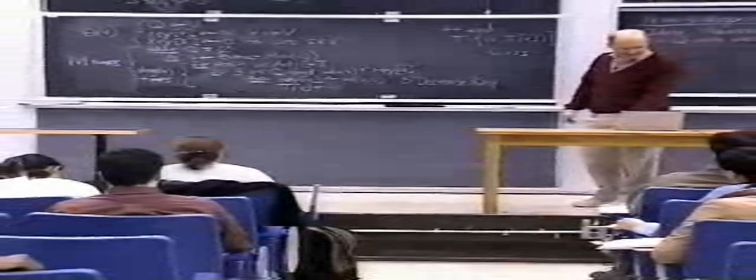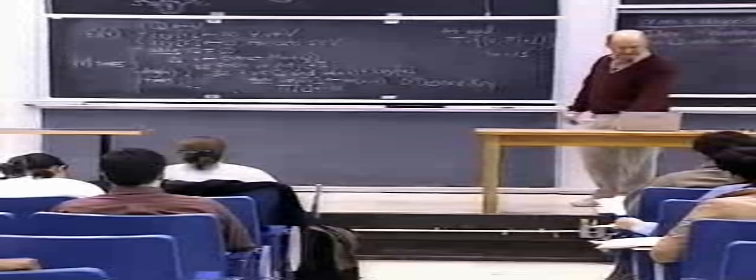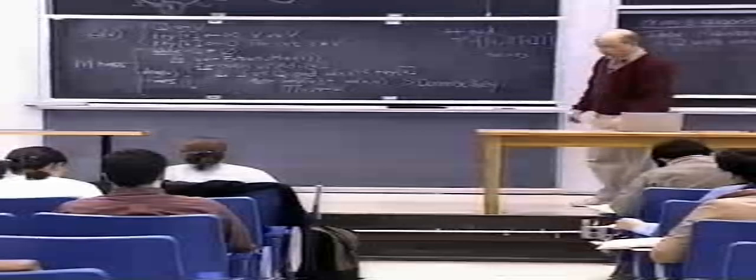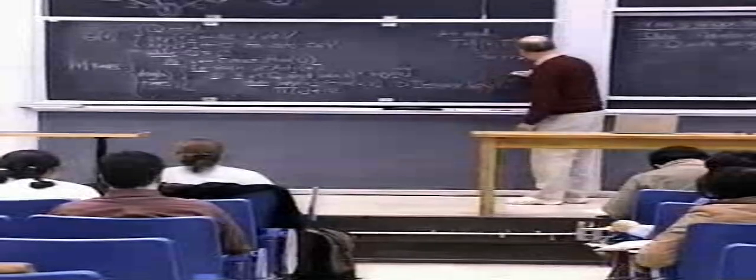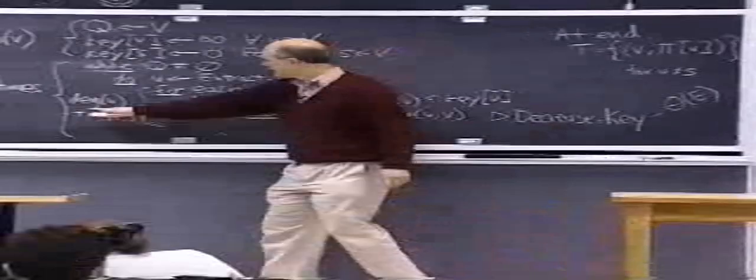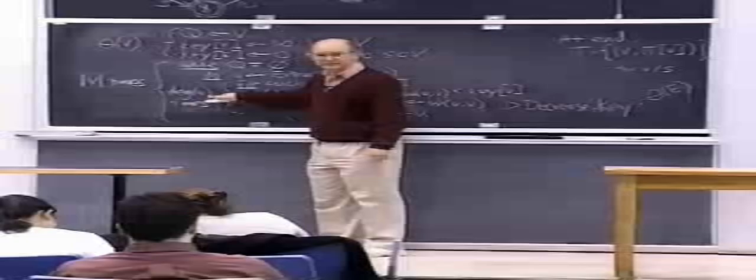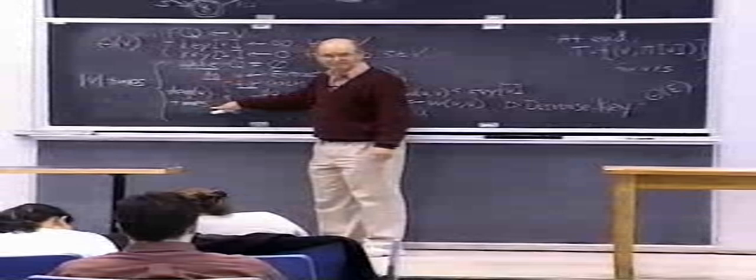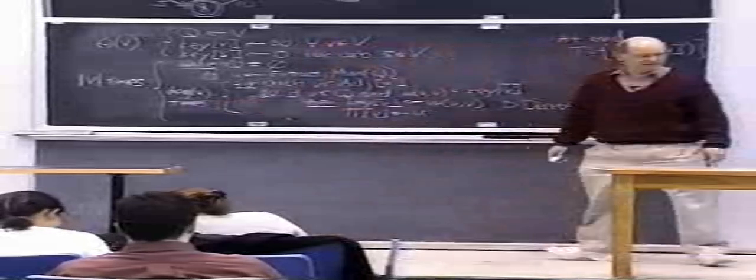Let's hear it for the handshaking lemma. So there are going to be order E of these. Because the handshaking lemma is I'm just summing up the degrees of every vertex. That's how many times I execute the decrease key.